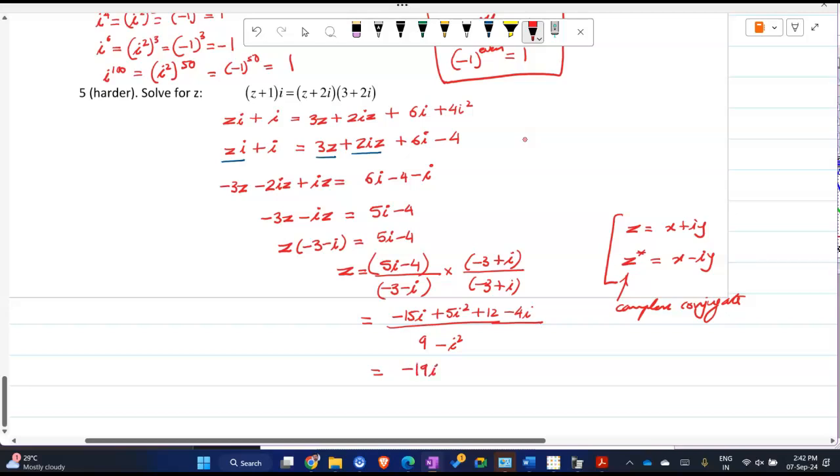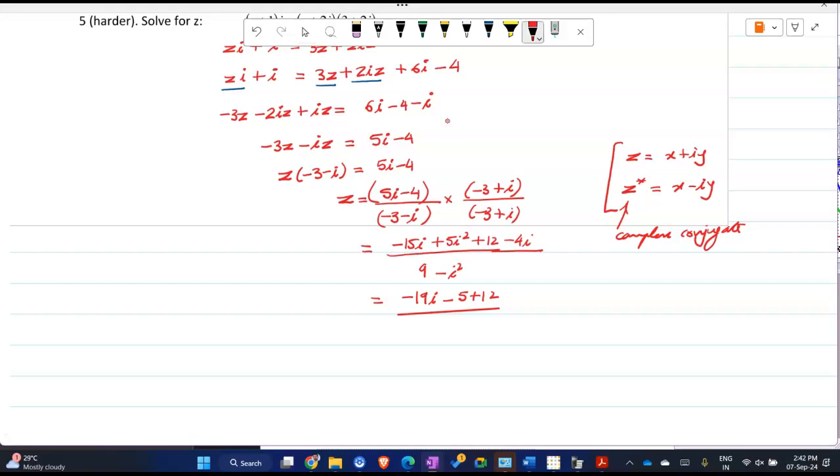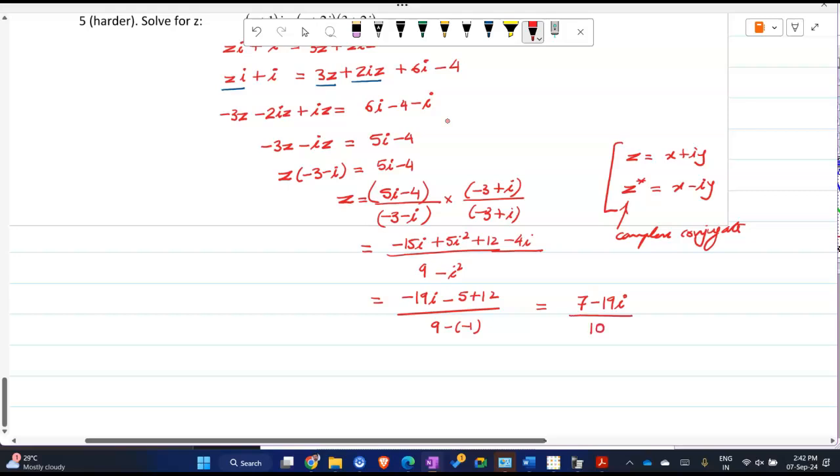Minus 5 plus 12, divided by 9 minus i squared, which is 9 plus 1. So that's 7 upon 10. That's your answer.